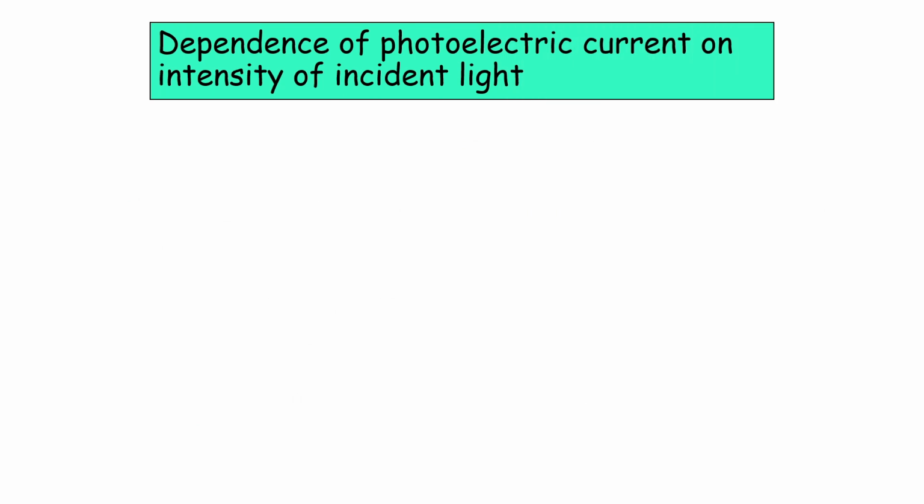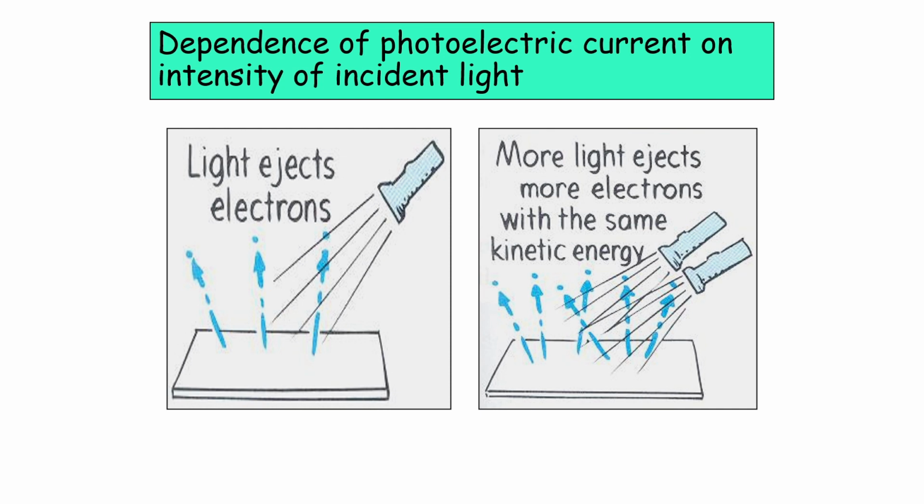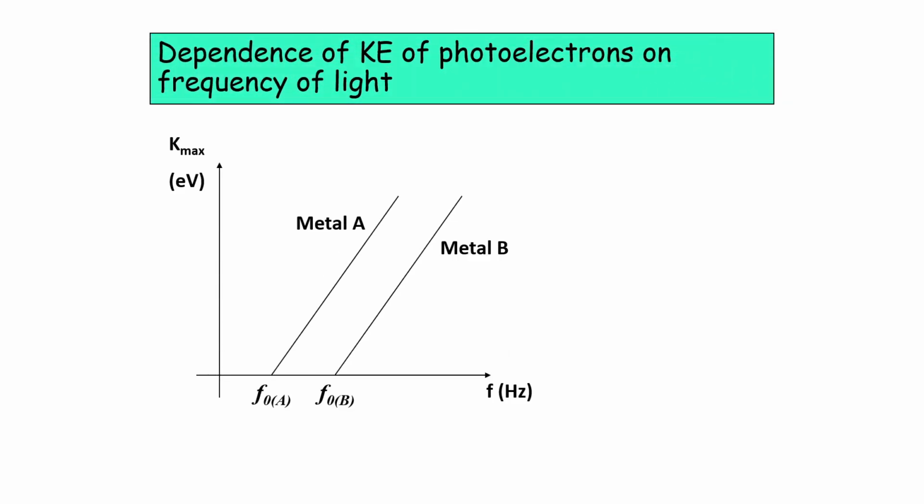Dependence of photoelectric current on the intensity of incident light. This is for the number of photoelectrons. And this graph shows the dependence of the kinetic energy of photoelectrons on the frequency of light.